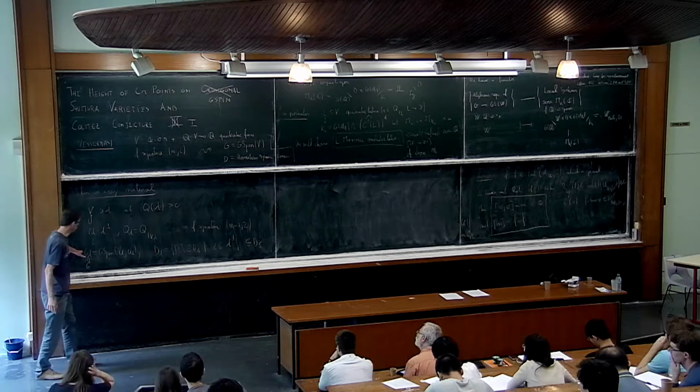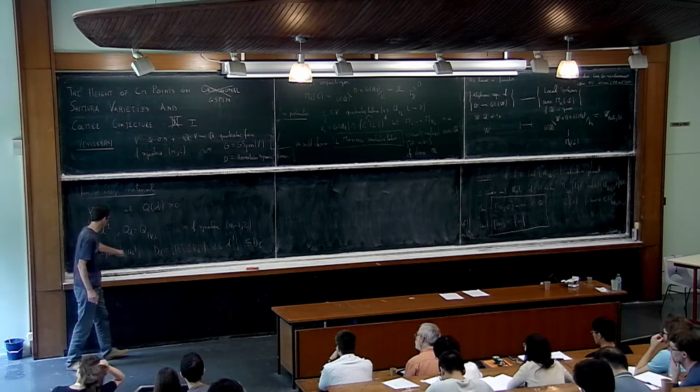So you see that simply by choosing such a vector lambda, I have a new Shimura variety because I have a group, I have a symmetric space.